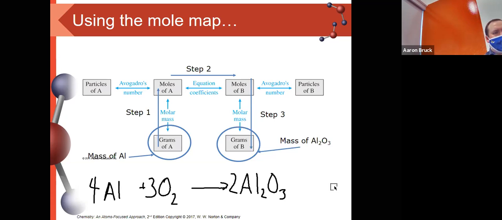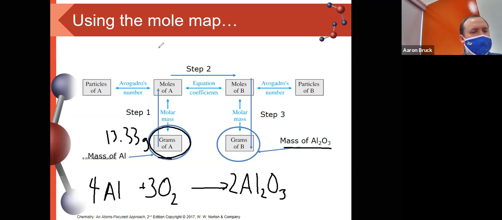Here's what I need to do. I have 13.33 grams of aluminum, and I want to turn it into some amount of aluminum oxide. If I follow the map, I can see that I'm starting here, mass of aluminum, and to get to where I want to go, mass of aluminum oxide, I have to follow the arrows.